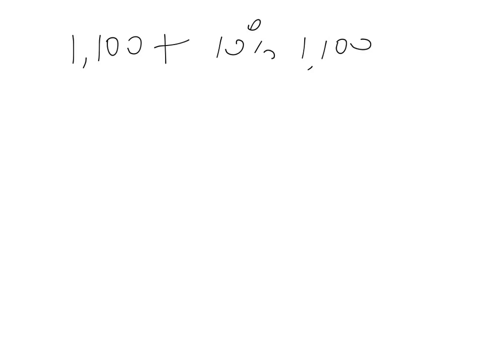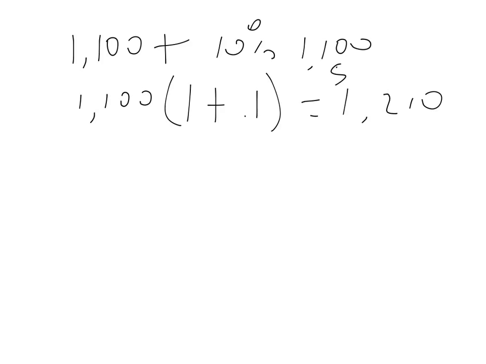We are compounding interest. And so we will have 1,100 multiplied by 1 plus the interest rate, 0.1. And that turns out to be $1,210 after 2 years.